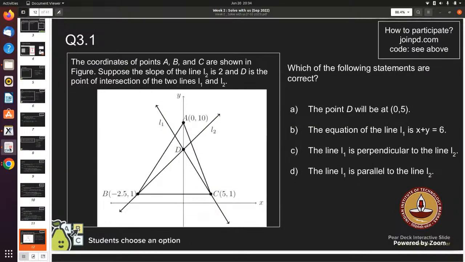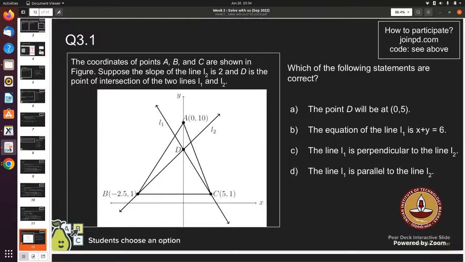Sir, we will need to find the coordinate of D first. So we know the slope of L2 is 2. From the equation we know the x coordinate of D is 0, because it's on the y-axis. So we can find the y coordinate, and the y will be 6.